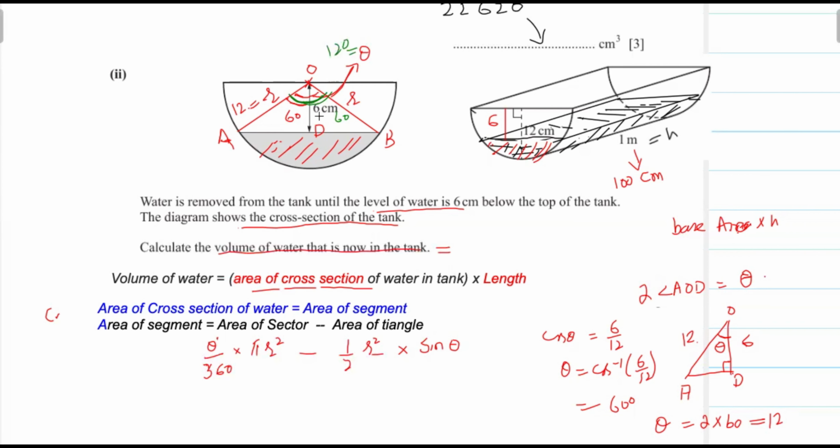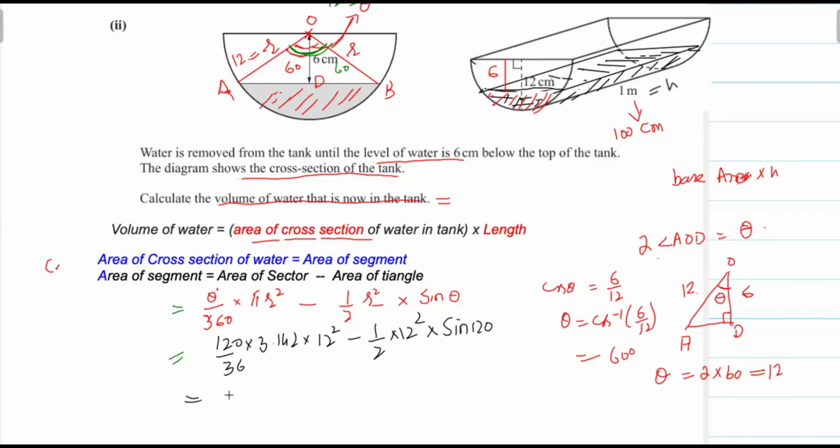We can write 120 degree, and radius r is 12, and we substitute the value of theta angle as 120. 120 over 360, multiply 3.142, r is 12 squared, minus 1/2 into 12 squared into sine 120. We can calculate it.